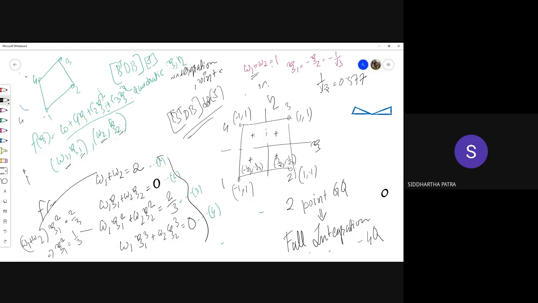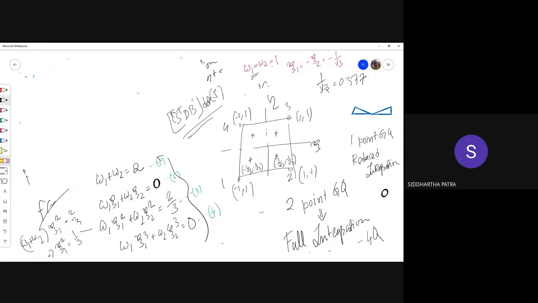It will always be approximate. 1-point Gauss quadrature is called reduced integration, and reduced integration leads to hourglass modes.